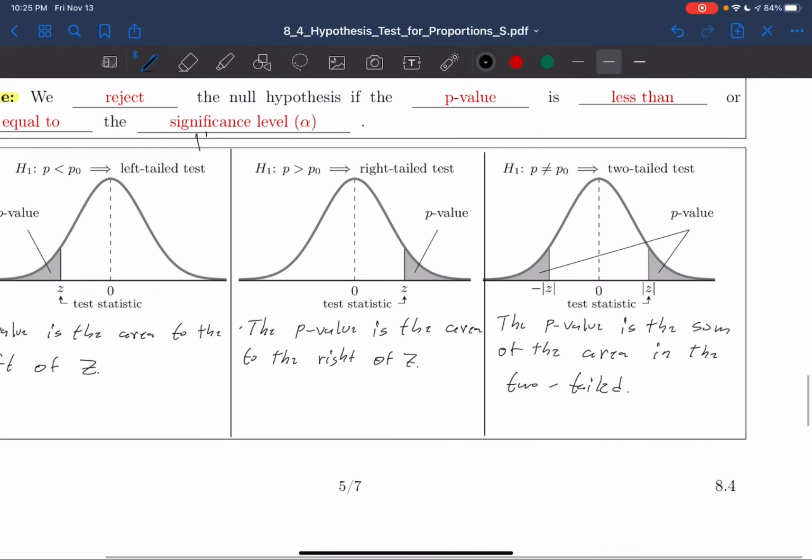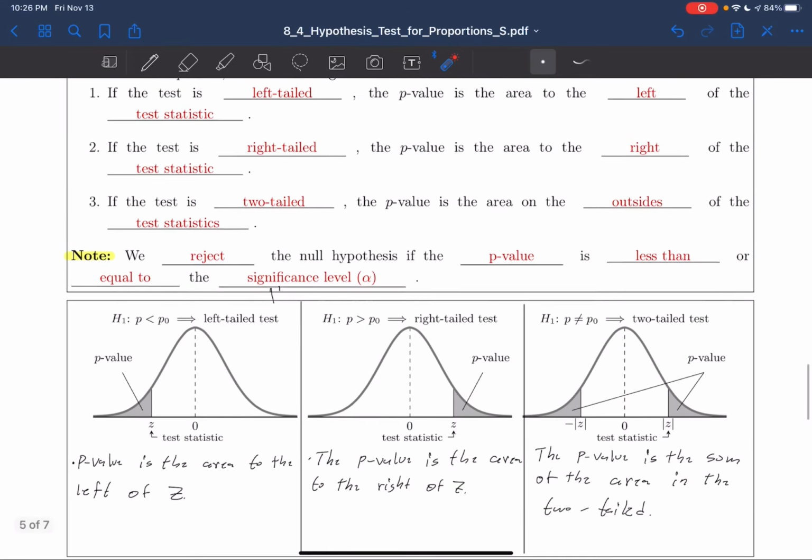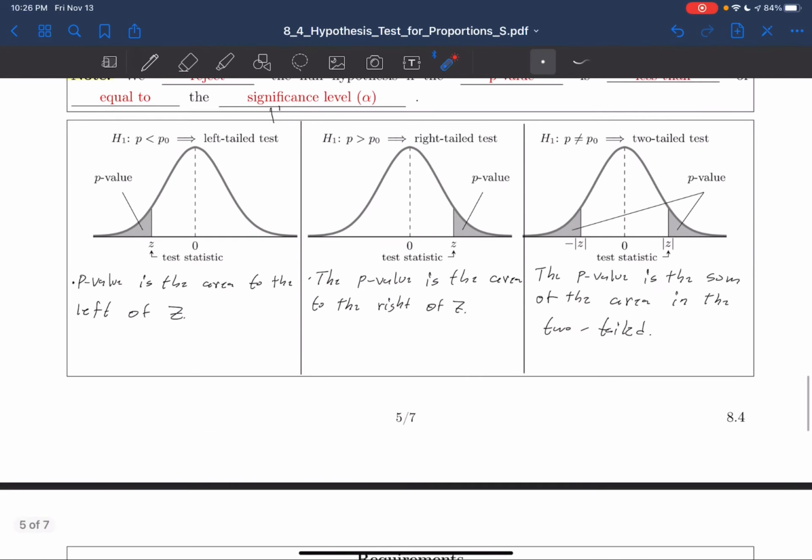So the p-value is just the sum of the area from here plus the area from here. And again, that's when we're dealing with two-tailed tests. All of this should be just review, because it's exactly what we talked about in section 8.2. It's just that our test statistic z is a different value since we're dealing with proportion.